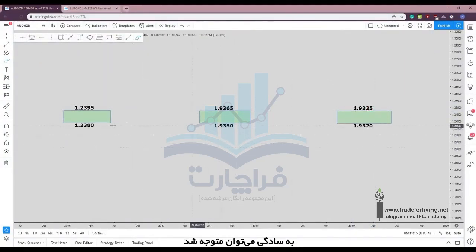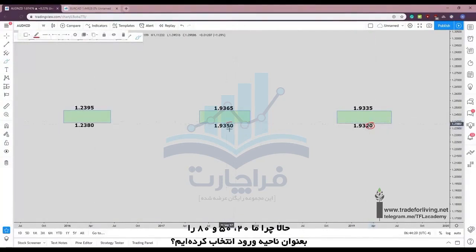Now, why do we use the 20, the 50, and the 80 as entry areas? The simple answer is that it will appear very clear to you that these prices are very, very major areas in the market.